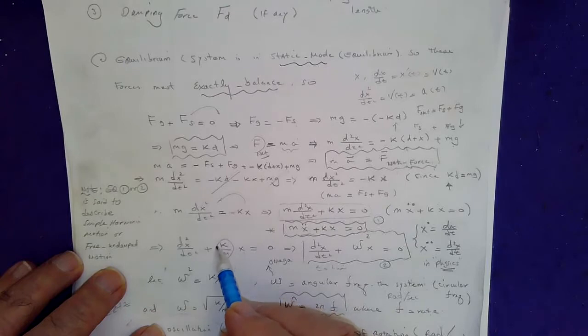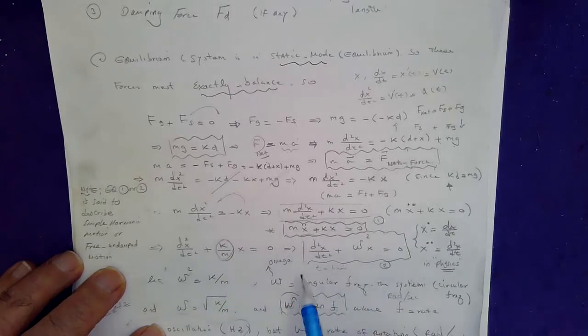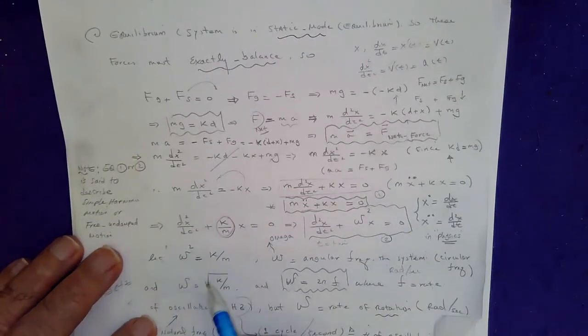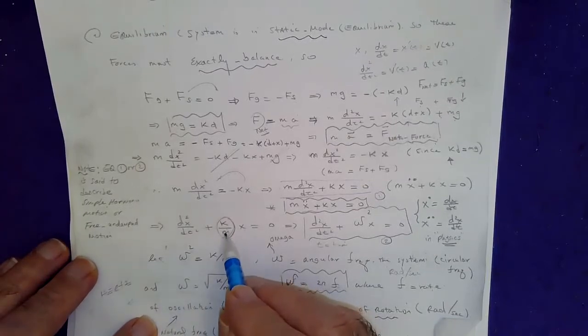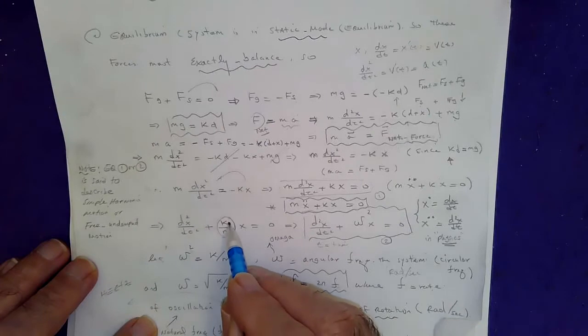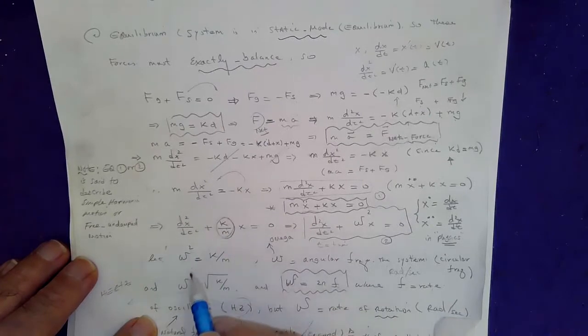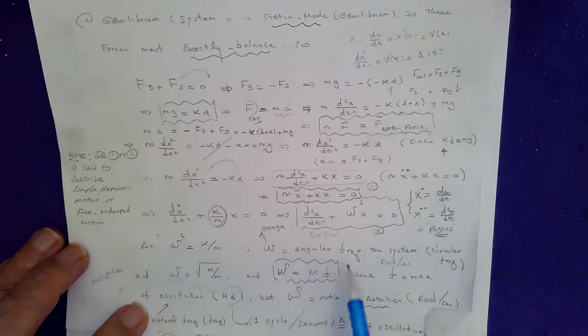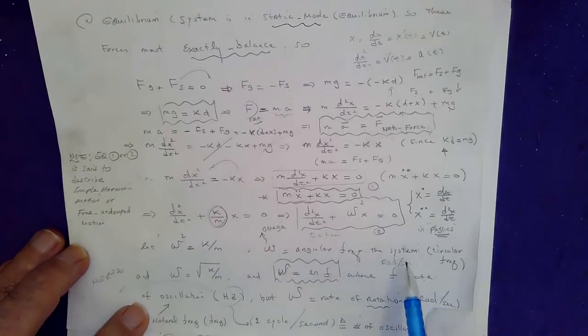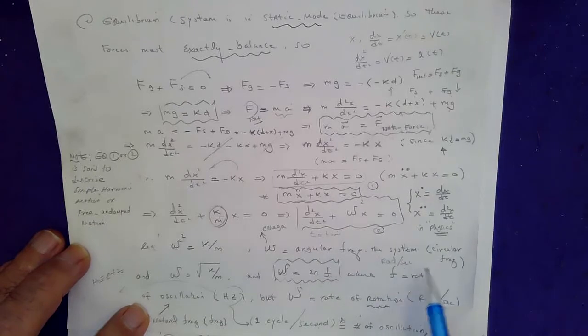We let k over m be equal to omega squared. This notation is omega. What is omega? It is the angular frequency of the system, which is measured in radians per second.